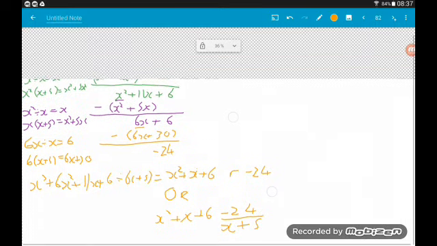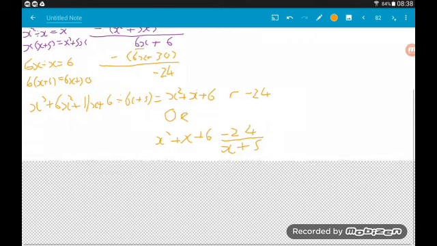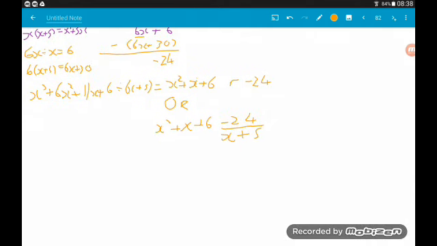So if I zoom out, there it is in its entirety. Good times. Now remember as well, you can always check that it's right, at least so far as your remainder goes, by using the remainder theorem. So if we are dividing by x plus 5, we would substitute in x equals minus 5 to get the remainder.